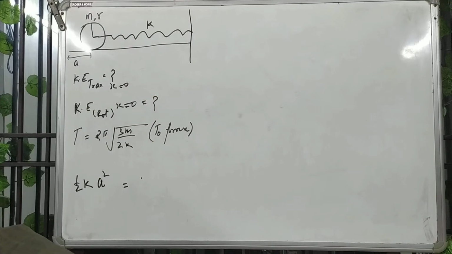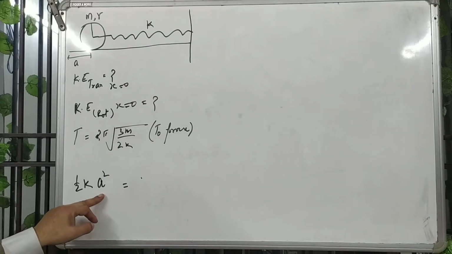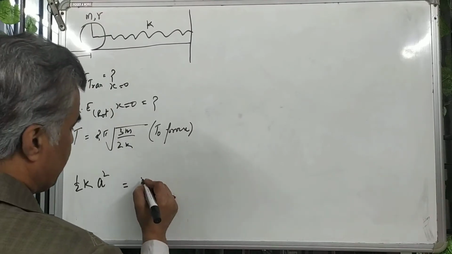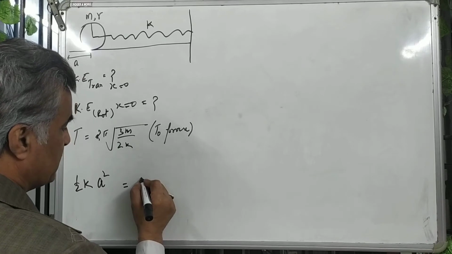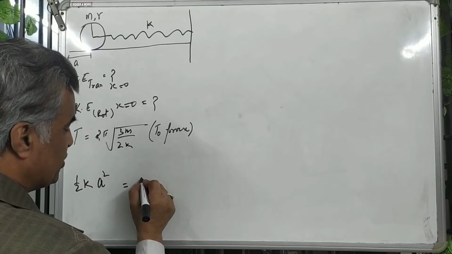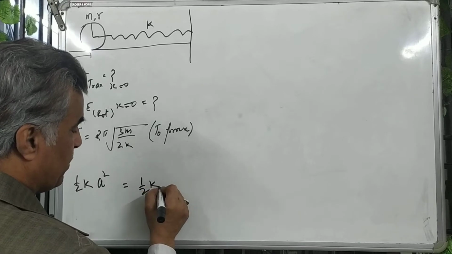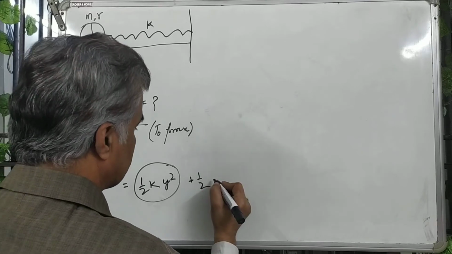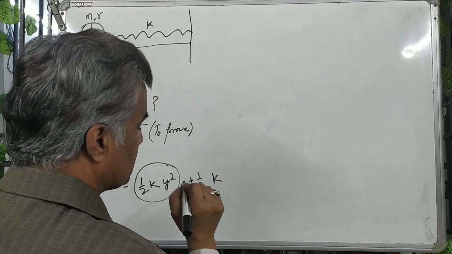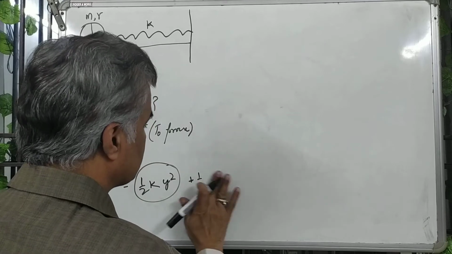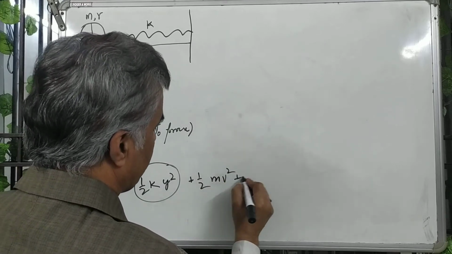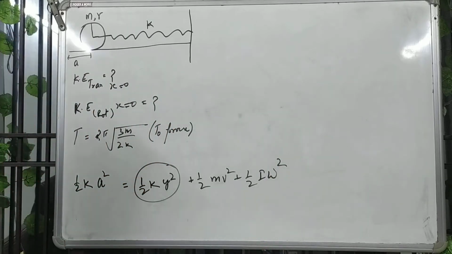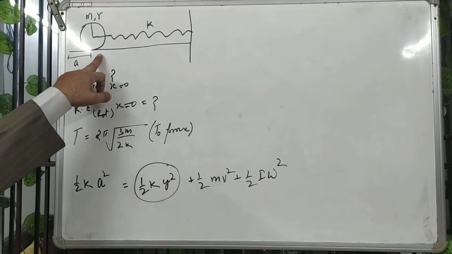The stretch in the spring will be 0. A is the stretch, but the extension will be 0. So the spring potential energy half k y square is 0, plus half m v square plus half I omega square, at the mean position.